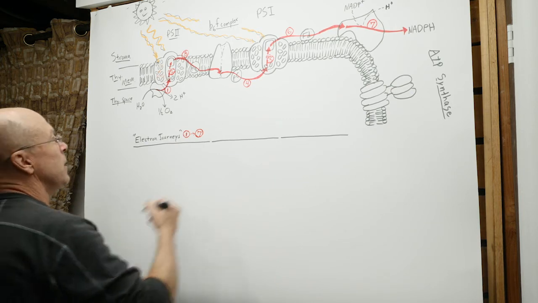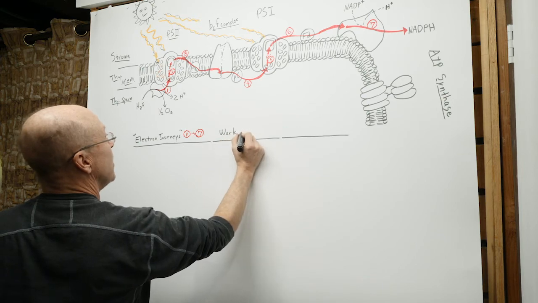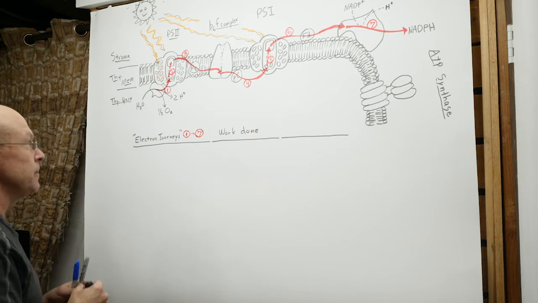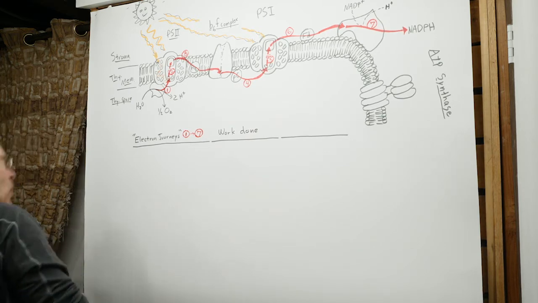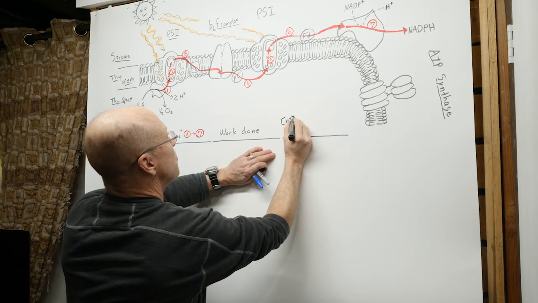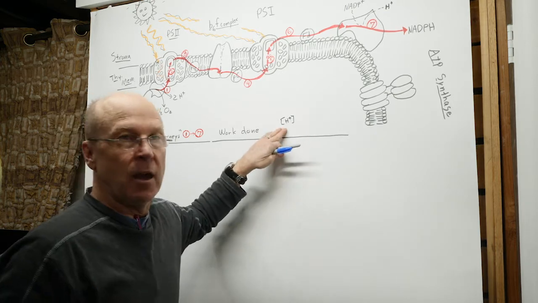The next one is going to be the work done associated with that journey. And the last one is going to be the concentration of H+. Remember that brackets indicate concentration.